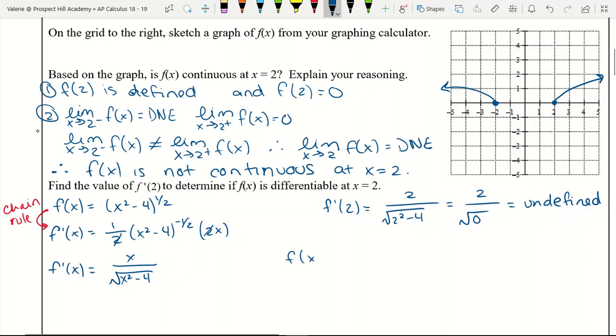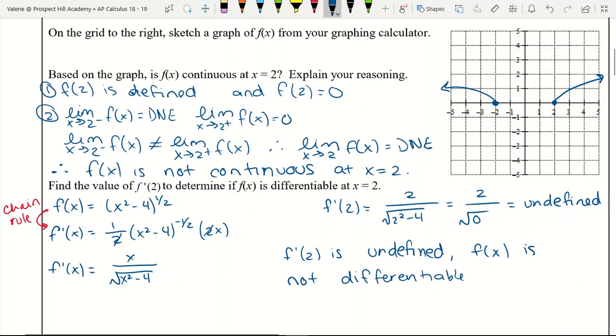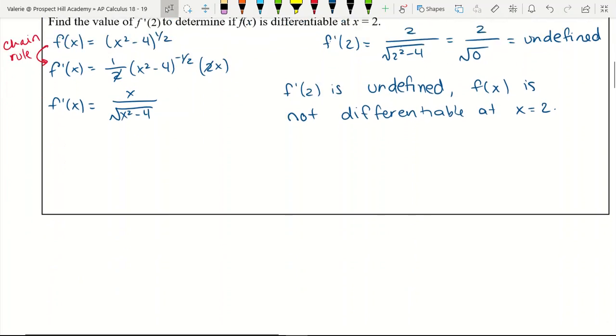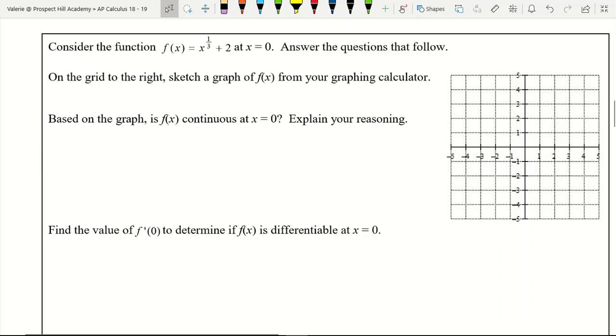So since f prime of 2 is undefined, f of x is not differentiable at x equals 2. So let's move on to the next page.